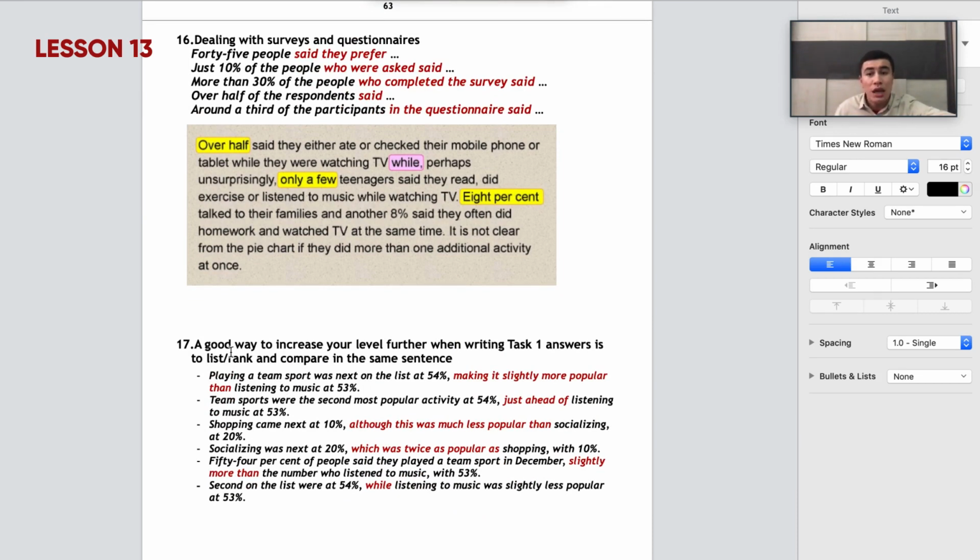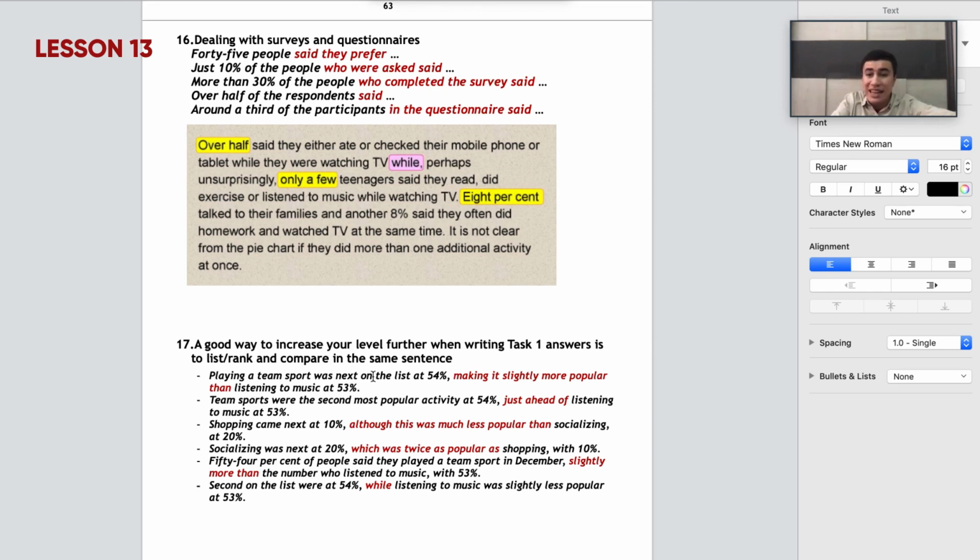And now, a good way to increase your level further when writing a task 1 answer is to list or rank and compare in the same sentence. Remember, if you use complex structures in your report, you will definitely get a higher score. So let's consider these examples here.